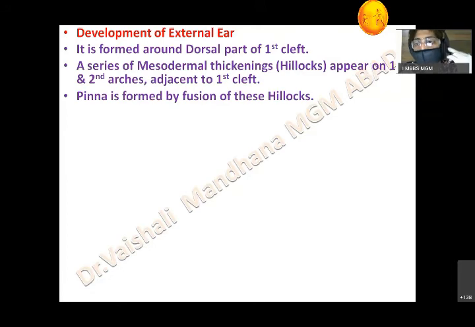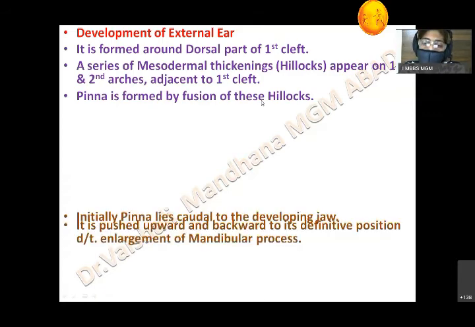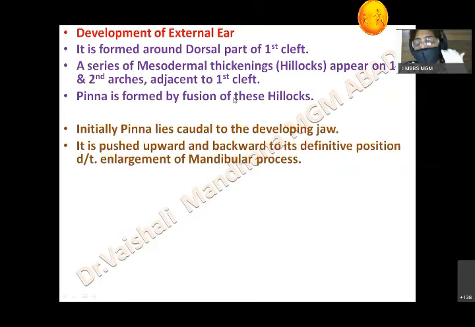Meatus is there, but how is the pinna formed? The pinna is formed by the mesodermal thickening of the adjacent arches. That means first and the second arch. So mesoderm of these arches grows. They show swelling. They are called the hillocks, and pinna is formed by the fusion of these hillocks. Now, if you appreciate, the position is very low.